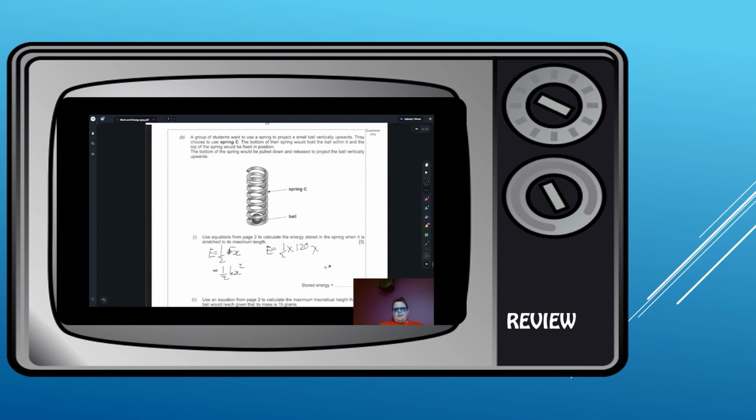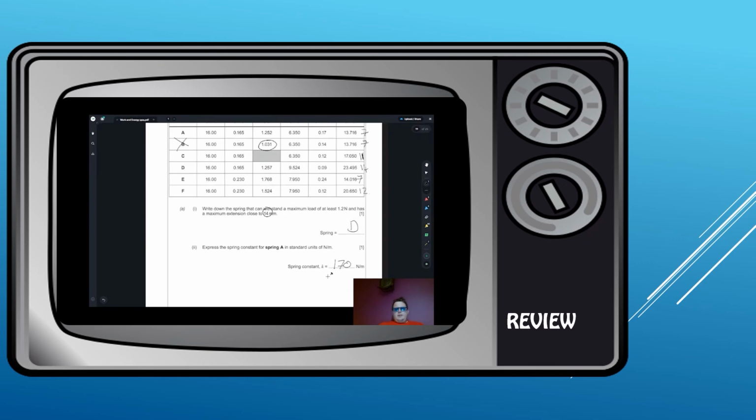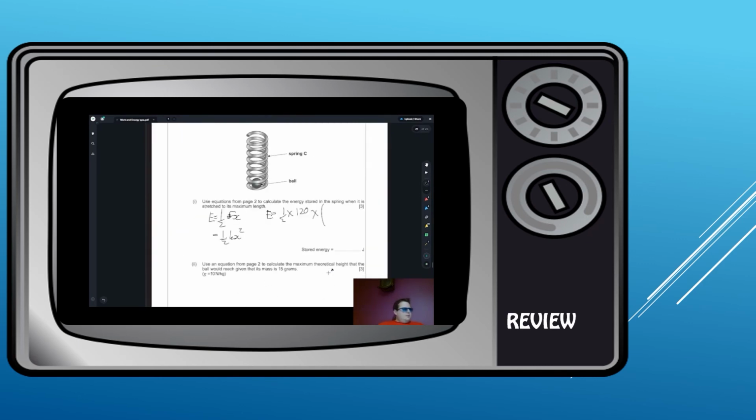Now X in this case is going to be the extension, which is this one take away this one, which if we work it out is 10.7 millimeters. So we get the energy stored in our spring to be 0.0068694 or 6.9 times 10 to the minus 3 joules.